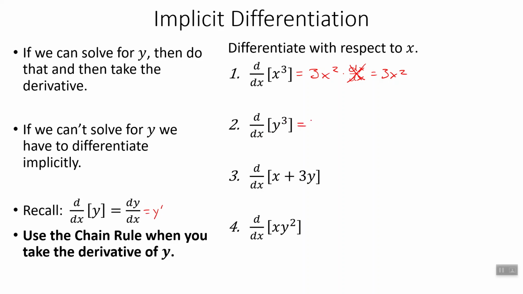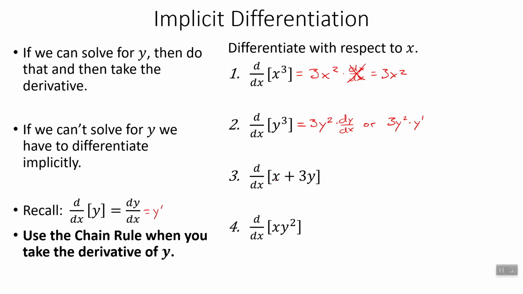So we take its derivative, we get 3y squared, and we have to do a chain rule, so times the derivative of y, which is dy dx. We can leave it like that, or we can write it as 3y squared times y prime. So that is the difference: when we're taking the derivative of y, we have a dy dx.